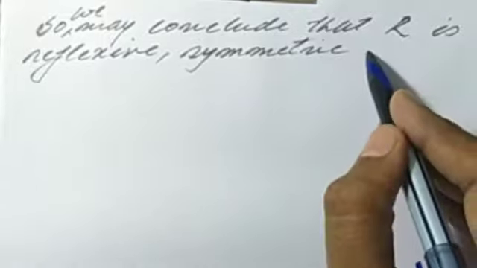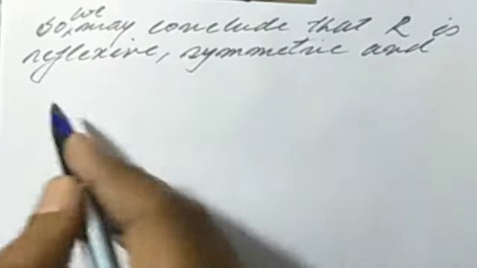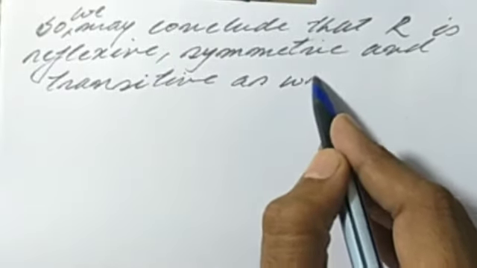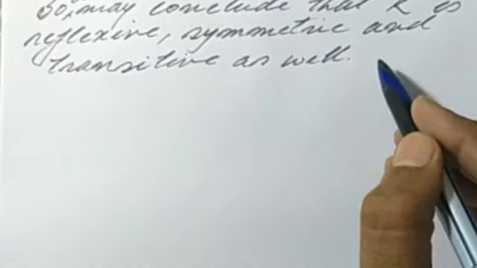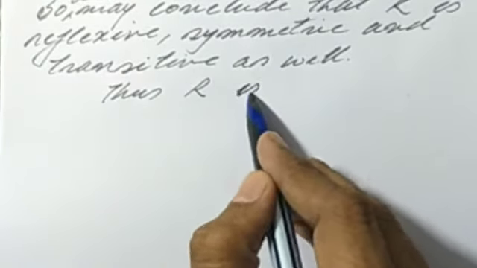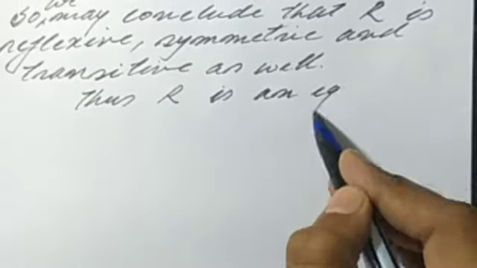So we may conclude that R is reflexive, symmetric, and transitive as well. Thus, R is an equivalence relation.